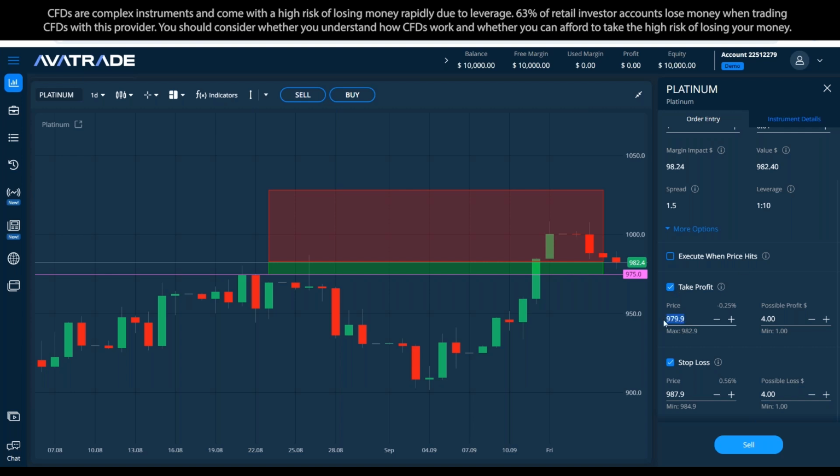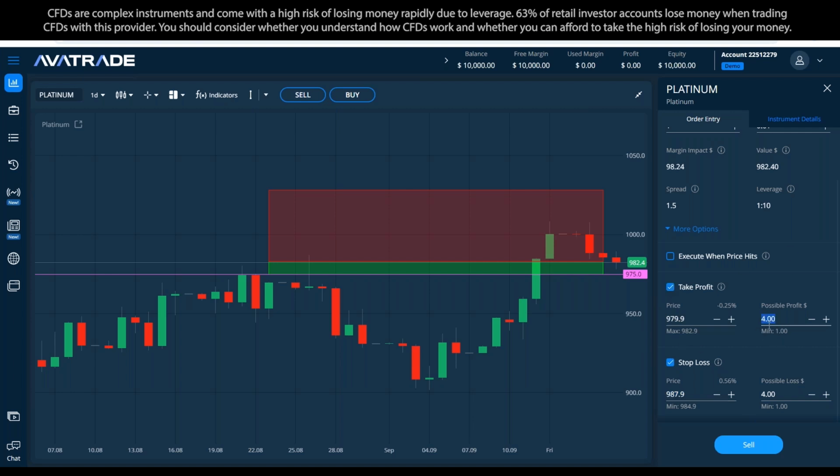It doesn't mean this price presented here is a recommended price to take profit, or a recommended price for a stop loss. This is just what the platform is suggesting as the bare minimum to use.